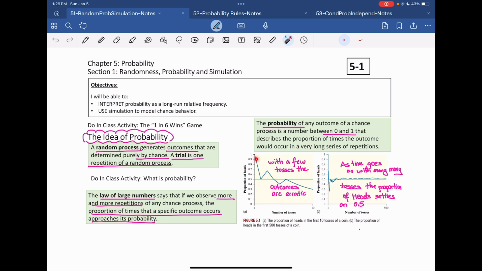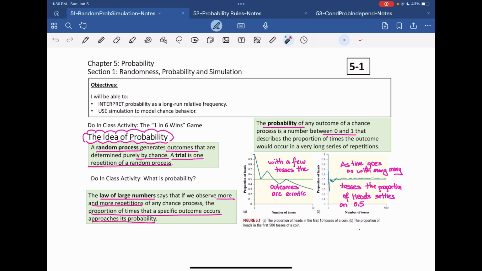So you'll see that the probability will go all the way from being 1 to 0.5 to 0.65. This depends on how many tosses you are doing. The more tosses you are doing, the more it levels out over time. So as time goes on, with many, many tosses, the proportion of heads settles on 0.5. This is called the law of large numbers.